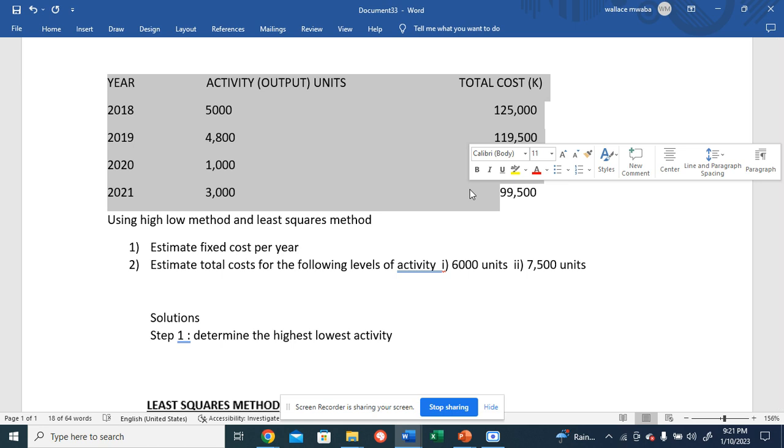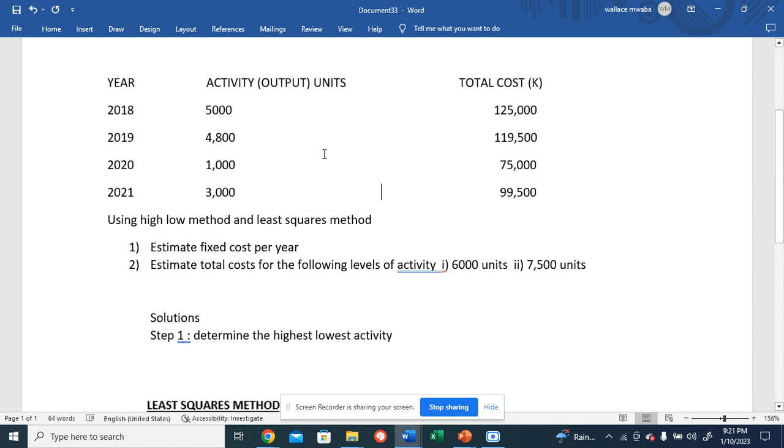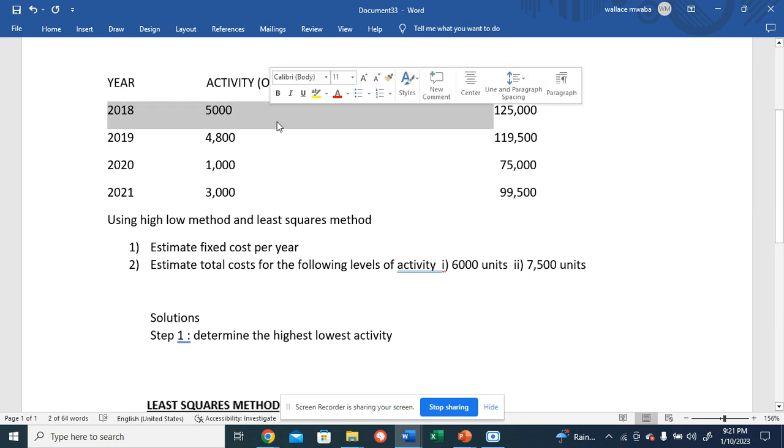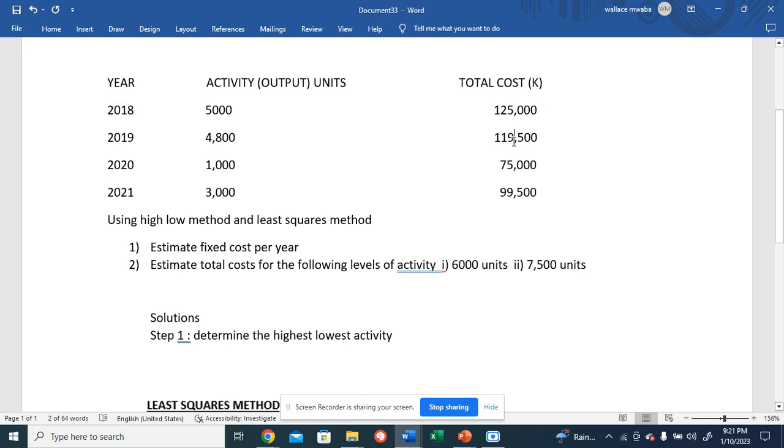So we'll come to our information here and look for which year had the highest activity, which obviously is going to have the highest cost, and which year had the lowest activity.